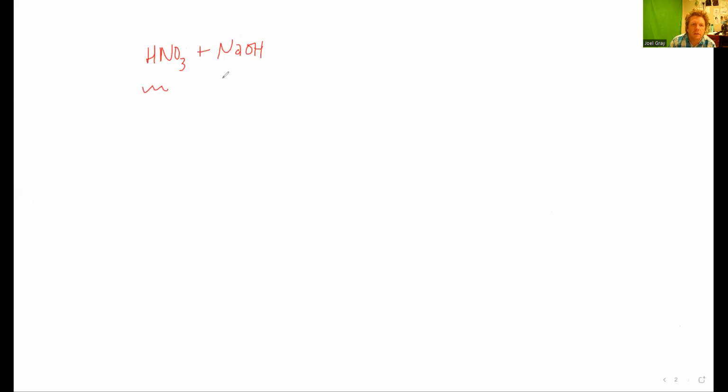This is an acid and a base that come together to make H2O and a salt, NaNO3. Now, with that understanding, that's a 1-to-1 ratio of HNO3 to NaOH.